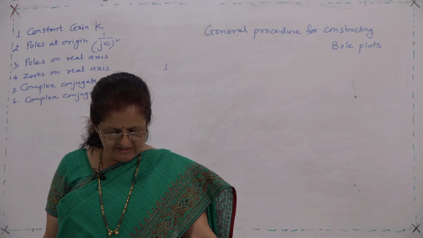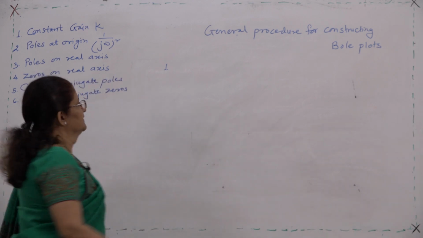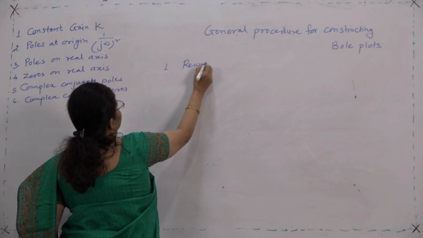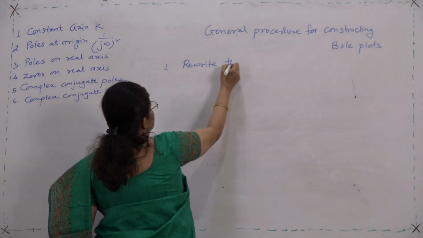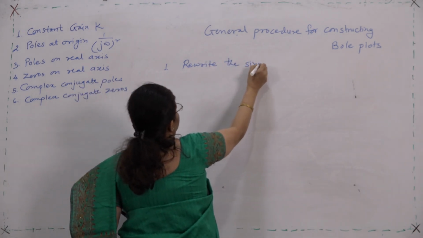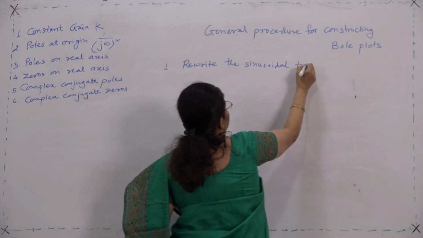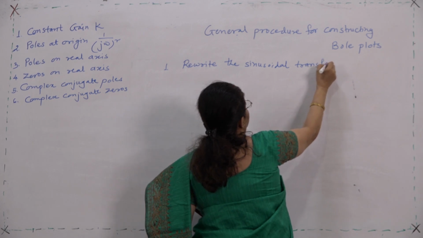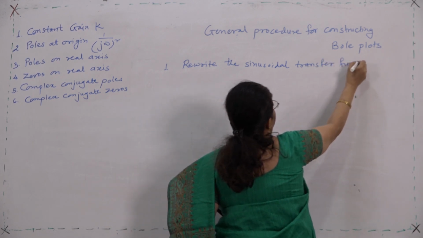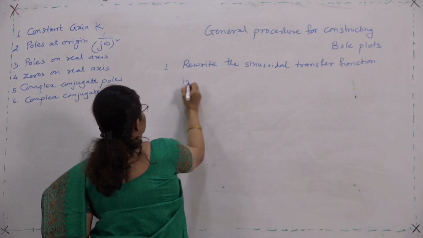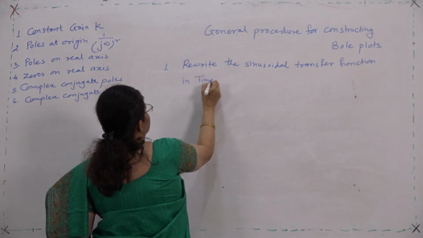So, the first step is to rewrite the sinusoidal transfer function, that is, in terms of j omega, in time constant form. This is the first step.